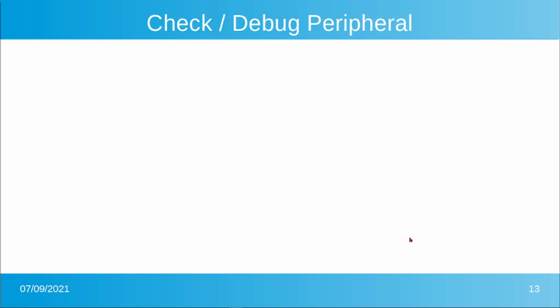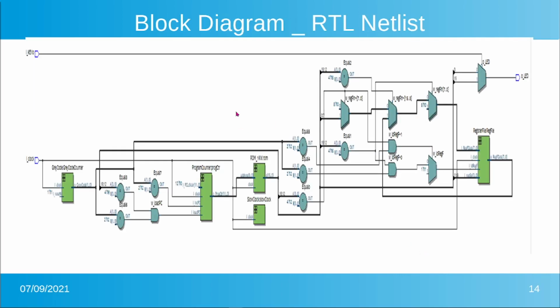Well, not sure what happened to that slide. Block diagram of the RTL netlist. I just took a quick snapshot of what the block diagram looks like at the moment. It's really hard to read, but our gray code counter drives everything from back here. Here's the program counter. Here's the ROM itself. There's various other multiplexers and pieces inside of here.